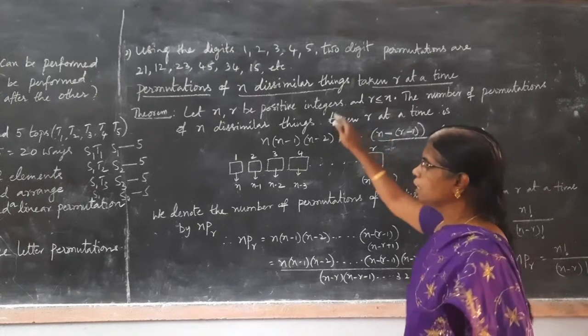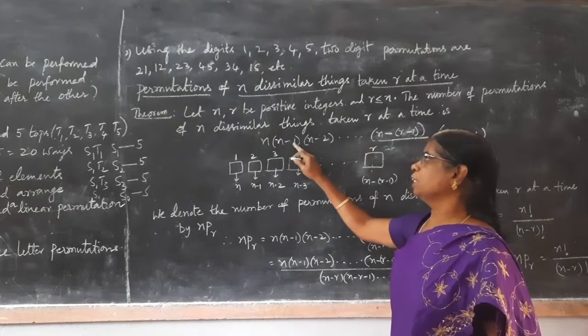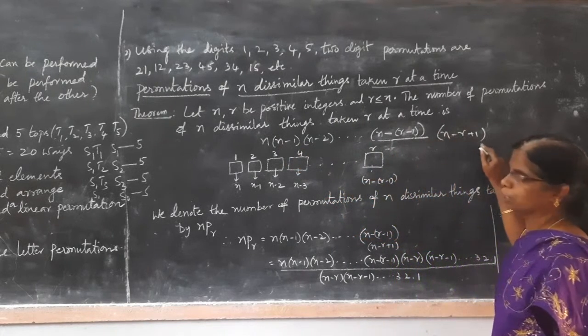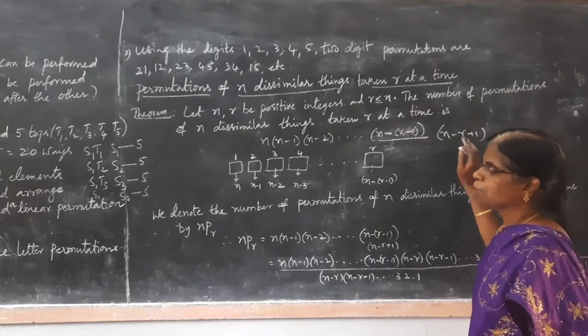So this theorem says n into n minus 1, n minus 2 and so on, n minus r plus 1. So this is the theorem.